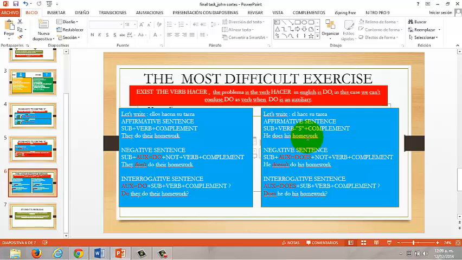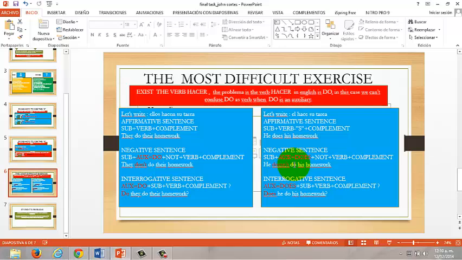He does his homework. So the negative sentence is subject plus auxiliary plus not plus verb plus complement. Yes, the verb returns to its normal form. So in that case, he doesn't do his homework. Doesn't is the auxiliary, and we add the s here.